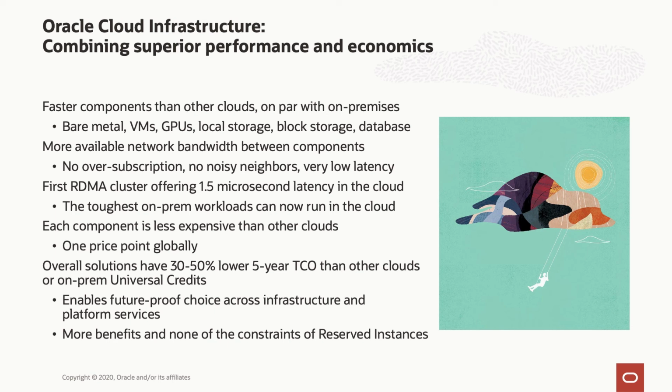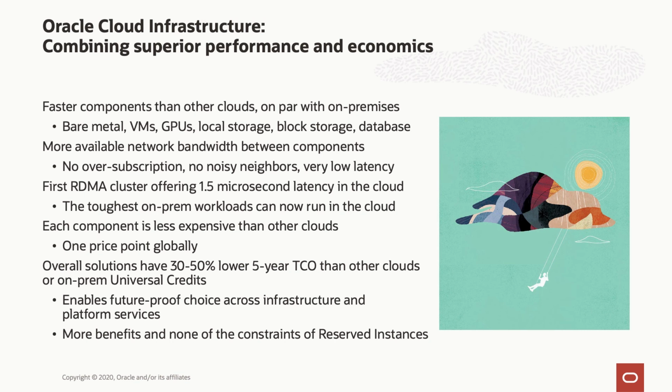Oracle Cloud Infrastructure combines superior performance and economics. We provide bare metal shapes or instances with both CPU and GPUs that are ideal for high performance computing. Our network inside the data center is non-oversubscribed, eliminating noisy neighbors. We have industry-first RDMA cluster network with 1.5 microsecond latency in the cloud that can scale your workloads to thousands of cores.